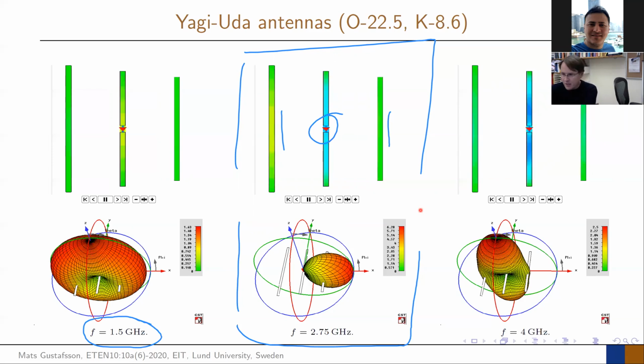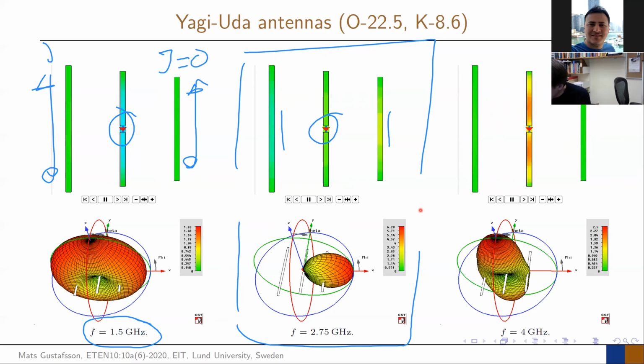If we go to a lower frequency, pushing this one down to 1.5 gigahertz, you still have a lot of current on the driven element because you drive that element, so you force current into it. But now the lengths of these other elements are really far away from lambda over 2. So these are non-resonant elements, and it means that basically the current here is 0 and the current on that one is 0. You don't really induce any strong currents on these two other elements. When you look at the radiation pattern, what do you see?